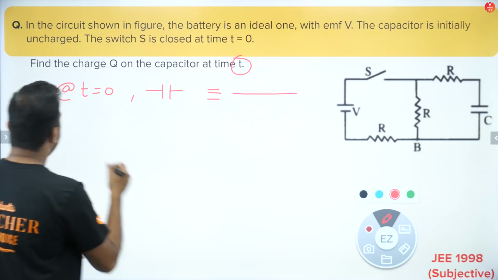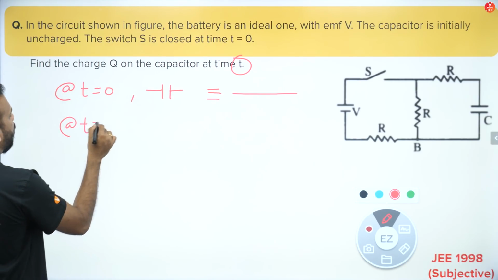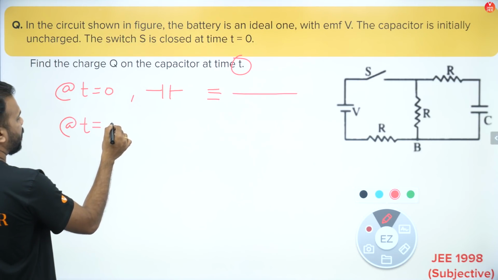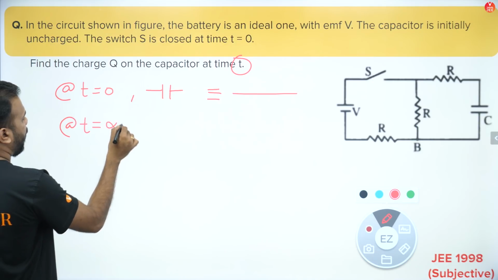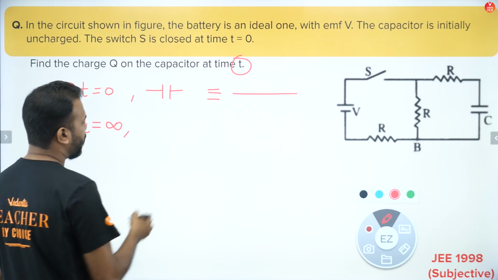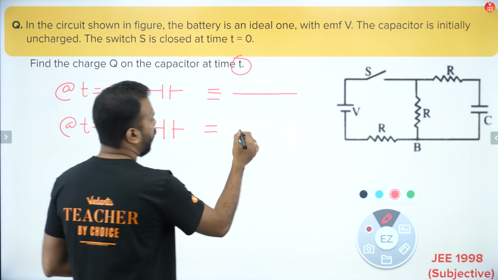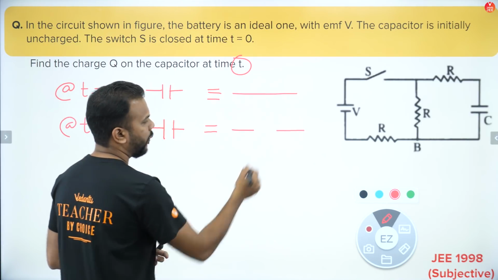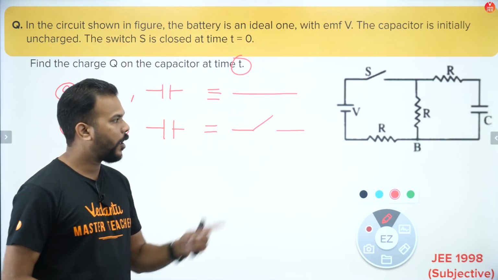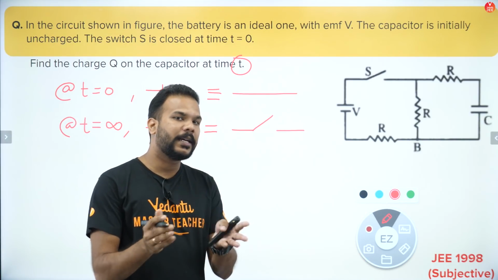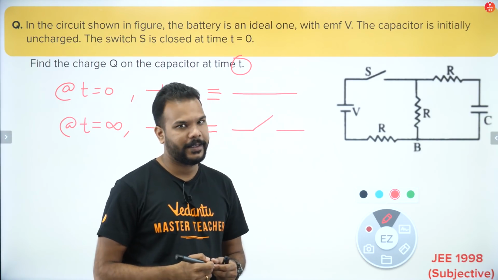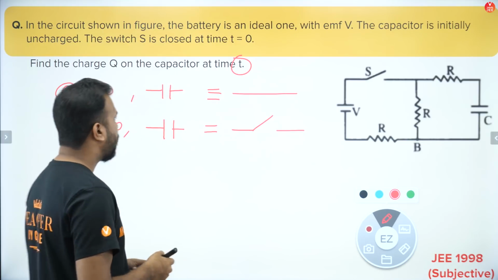And once the capacitor gets completely charged, say that time is infinity, at that point of time, the capacitor in the circuit will break the circuit. Okay, means what? The branch in which the capacitor is there, you can consider that branch not to be there in the circuit.